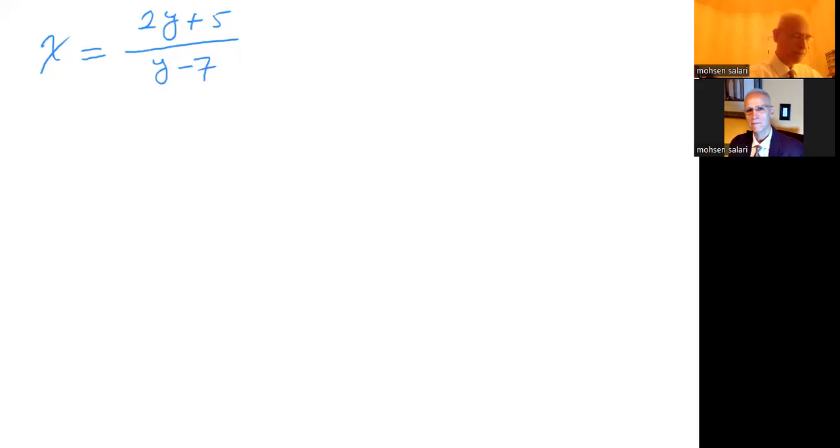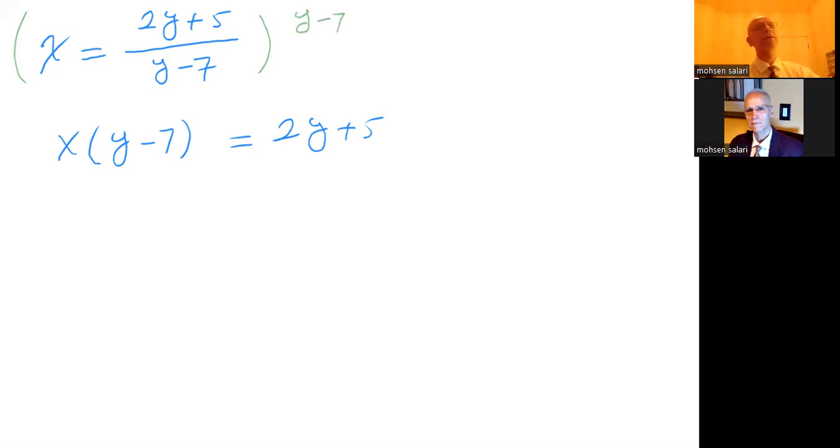It doesn't matter. So on the left-hand side, I get x times y minus 7. On the right-hand side, I get 2y plus 5. Once again, remember what I did is I multiplied both sides of this equation by y minus 7.